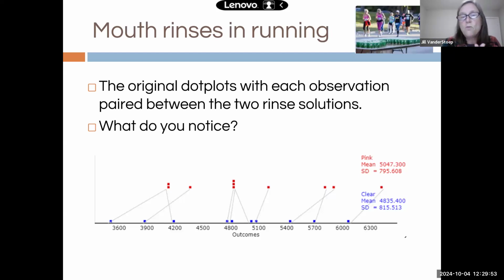So there are some that are a little more vertical, which means they got the same distance, but most of them are sloped positively, which means that, like you said earlier, those pink distances are a little bit greater than the blue or the clear distances. Yeah, we've got a couple here that are slanted in the opposite direction, but most of them do slant positively.